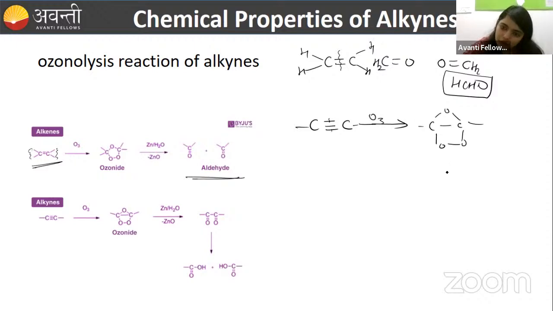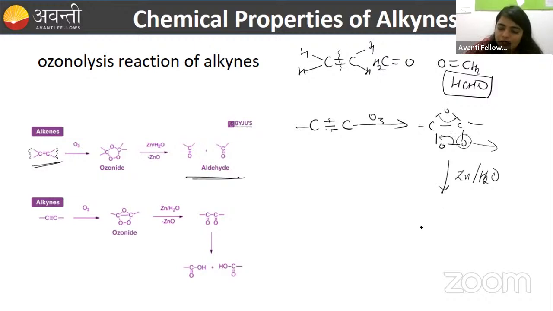Then what will we do? We will take a reducing agent like zinc or water, then it will remove this oxygen from here. So how will this ozonide break? It will break like this, or this oxygen can be removed by zinc, and ZnO will form. So what you will get?